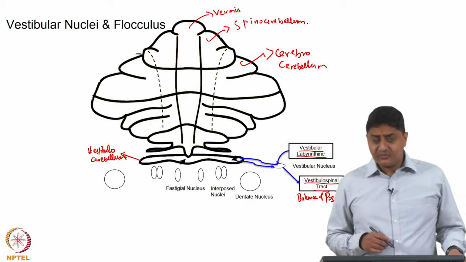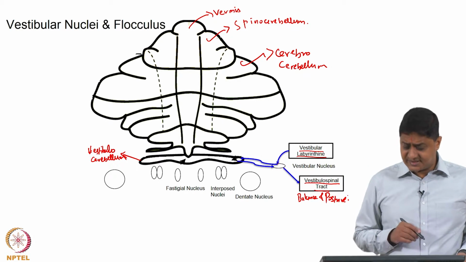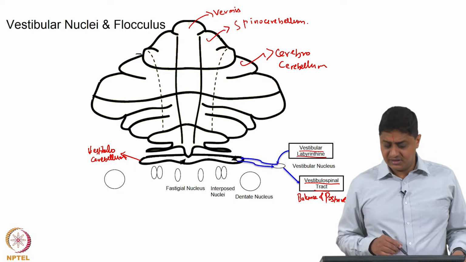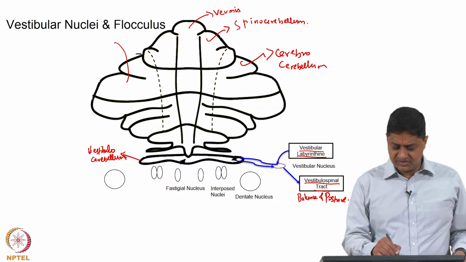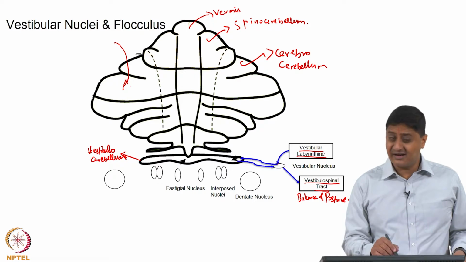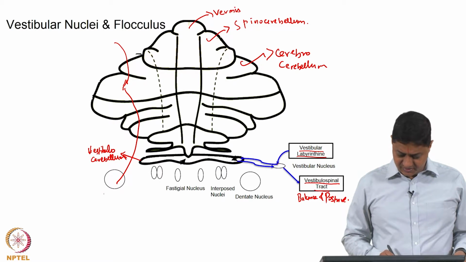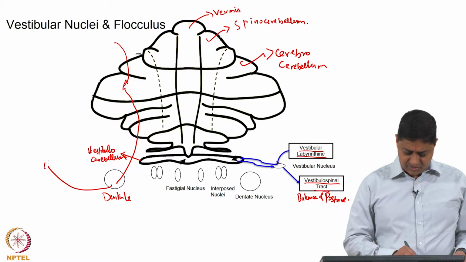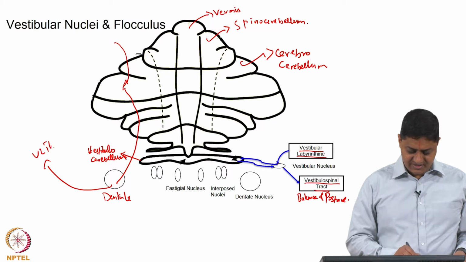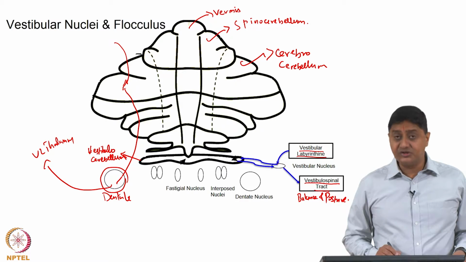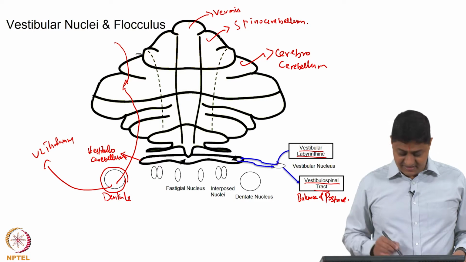Note, unlike other cases where, for example, if the input is coming into the cerebrocerebellum, then it is processed in the lateral cerebellar cortex in the cerebrocerebellum, then it outputs via the dentate nucleus, and from the dentate nucleus to VL thalamus, etc. Note, dentate nucleus is actually a nucleus within the cerebellum.